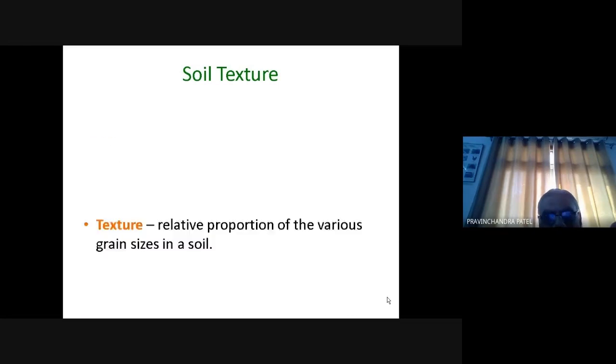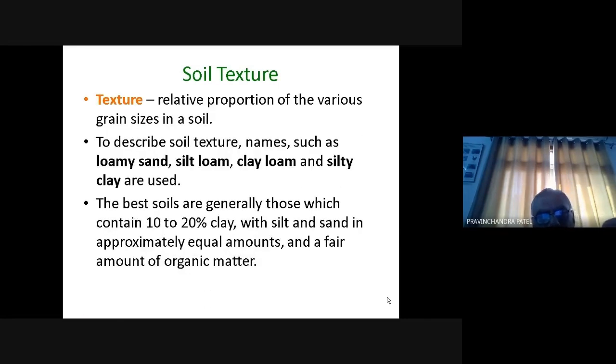Then soil texture. We have seen that soil texture is the relative proportion of the various grain sizes in the soil: sand, silt and clay particles. So it is a proportion of how much sand, silt, and clay is in the soil. On the basis of this, we can find out the type of soil.